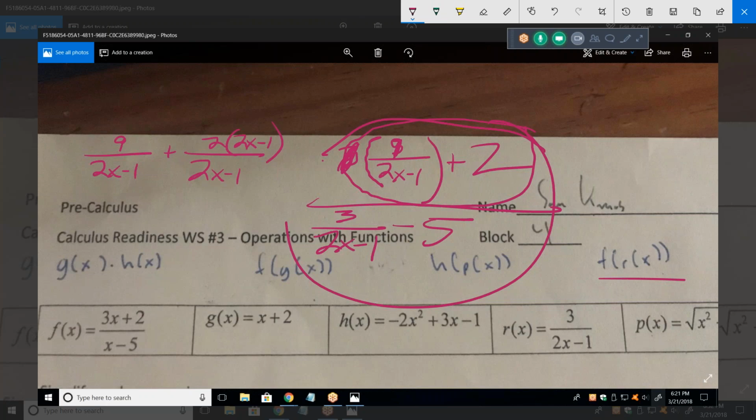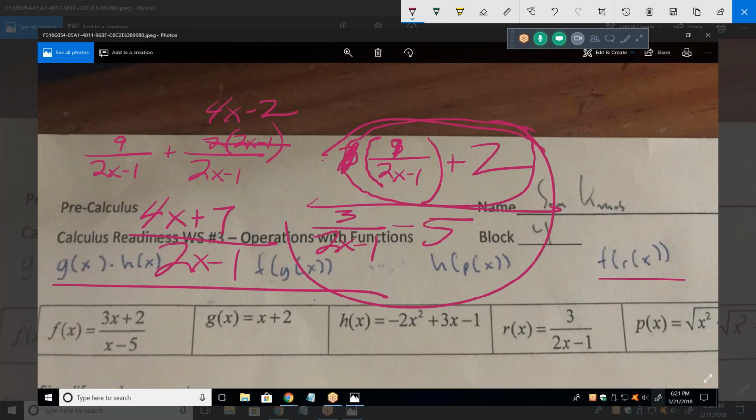So now if I distribute that, that becomes 4x minus 2. Now I can operate on the numerator. So the numerator is now 9 minus 2, so it's 4x plus 7, all over 2x minus 1. That is my numerator.